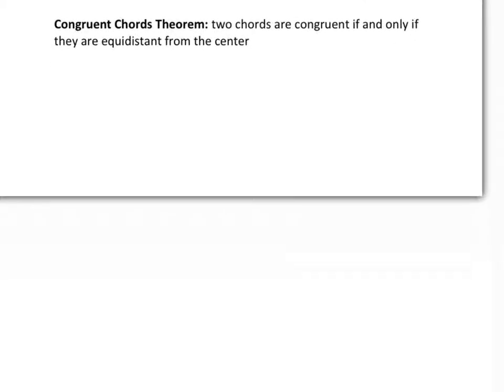And lastly, the congruent chords theorem. If I want to know whether these two chords are congruent, what you have to do is find the distance from each of those chords to the center of the circle. Now remember, how do you find the shortest distance from a point to a line? You always say straight line, but there are infinitely many straight lines that you could draw.